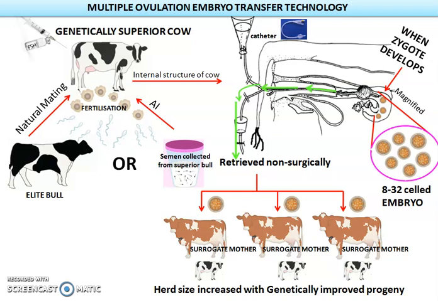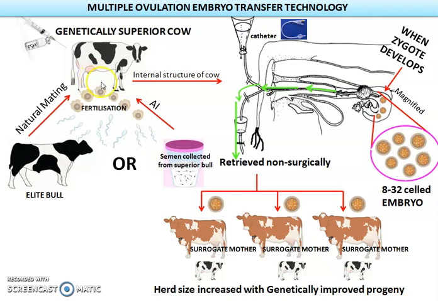So at this time, during ovulation, if this animal, that is the cow that you have selected, is naturally mated with an elite, high quality, high class bull, or second method could be you have semen collected from some superior bull. Any of this can be practiced here. You either allow the bull to naturally mate with the cow during the ovulation time, or you inseminate this cow with the semen you have collected.